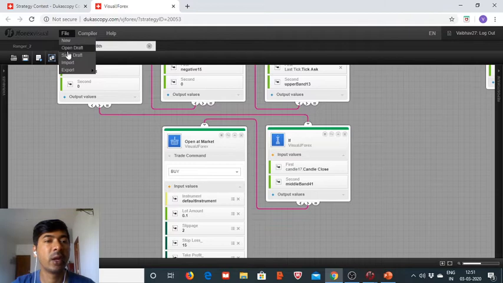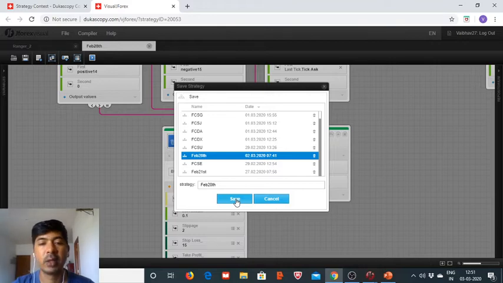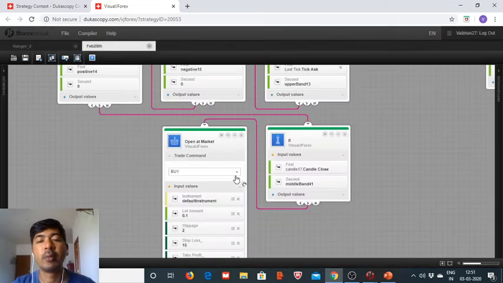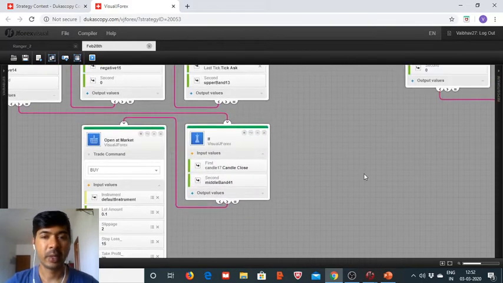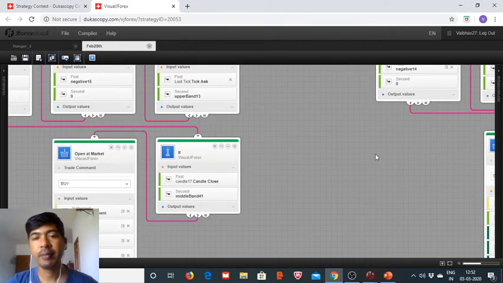We will save the file, and since we started developing this algorithm on Feb 28, it is still saved as Feb 28, though now it is 3rd of March. So maybe once we start development on the new indicators, we will change the name. Till then it is the same.